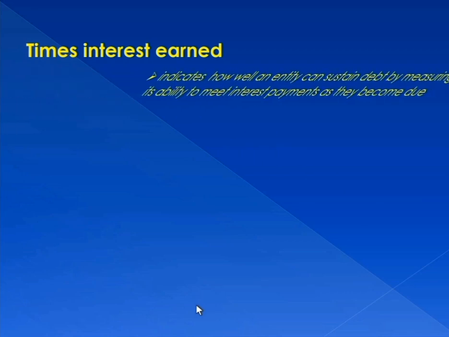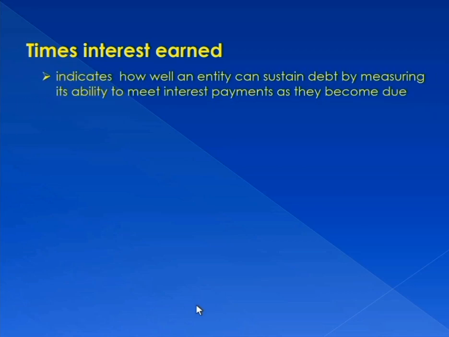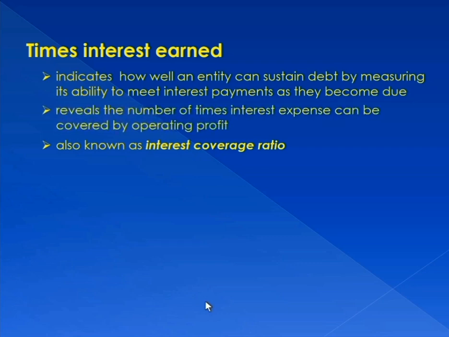Another financial ratio is the times interest earned, which indicates how well an entity can sustain debt by measuring its ability to meet interest payments as they become due. Also known as interest coverage ratio, it reveals the number of times interest can be covered by operating profit.